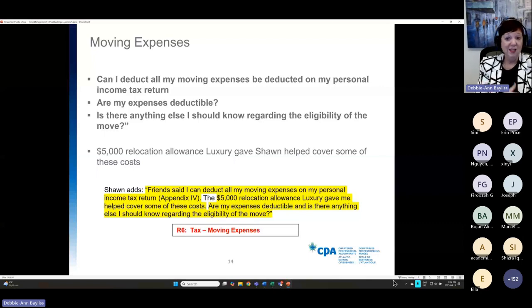So can he deduct them all on his personal income tax? What is and is not deductible? And is there anything else I should know regarding the eligibility of the move? I know what Sean has asked me, I need to answer. So again, I'm going to write that down in my outline, and that increases the chances of ensuring that I answer what he's asked me.